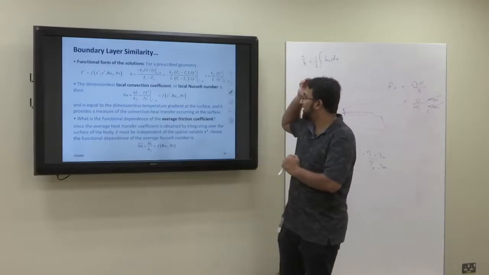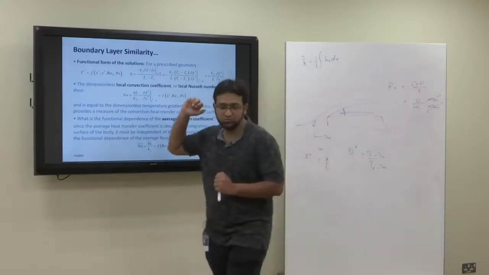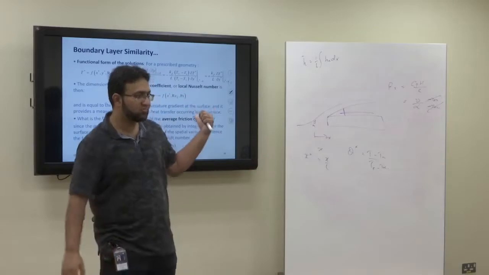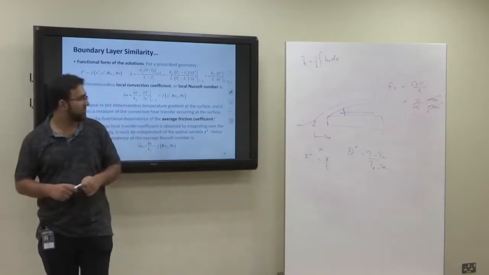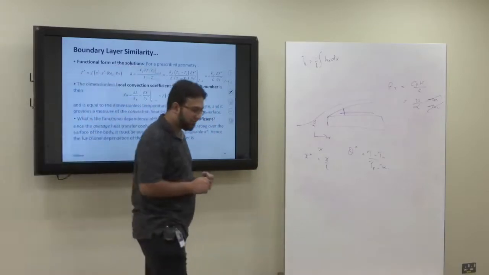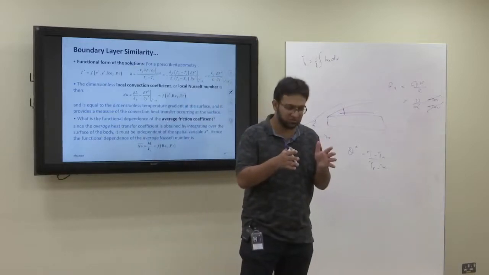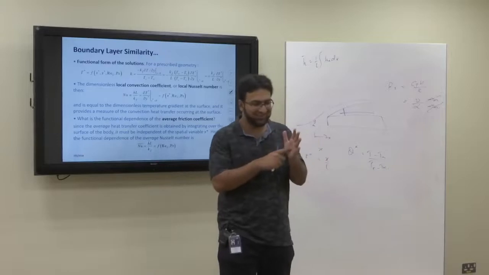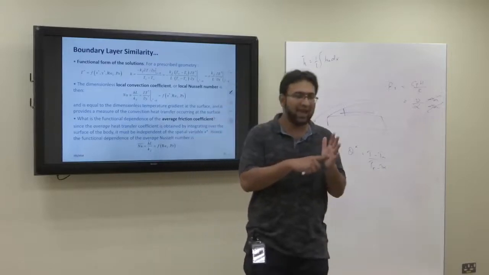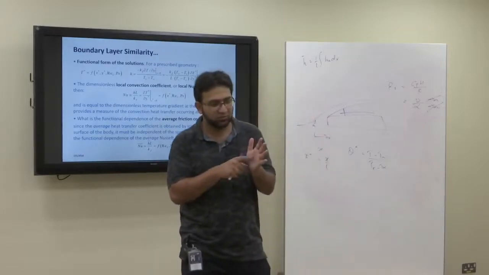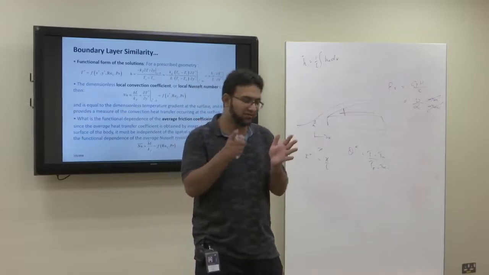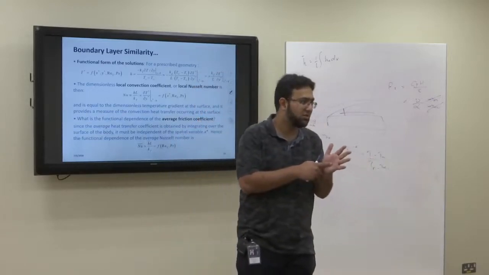Now there is one thing. Let's come back to the problem that we just solved before. If you remember, in that problem we wanted to find the heat transfer coefficient, and we know that the heat transfer coefficient had a different formula for the laminar case and a different formula for the turbulent case.